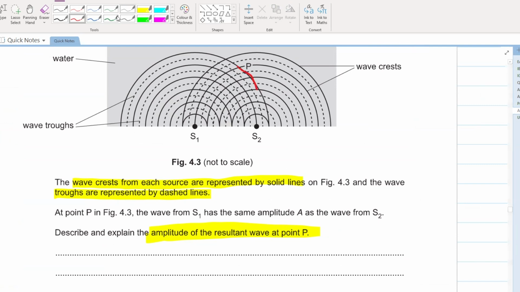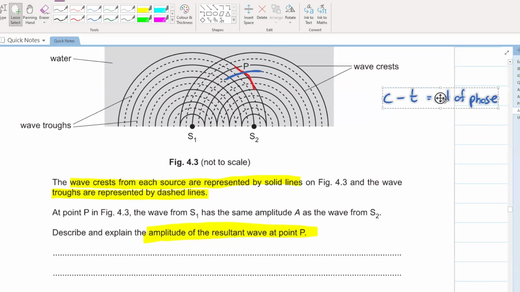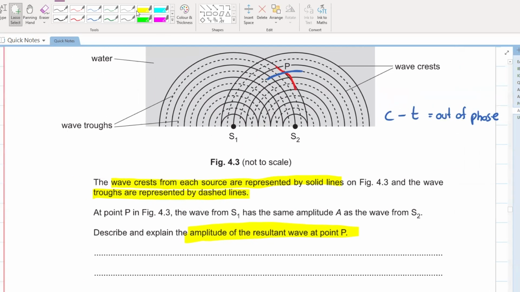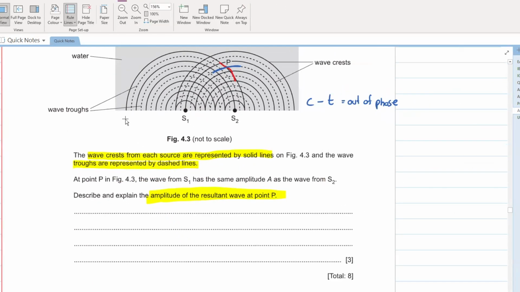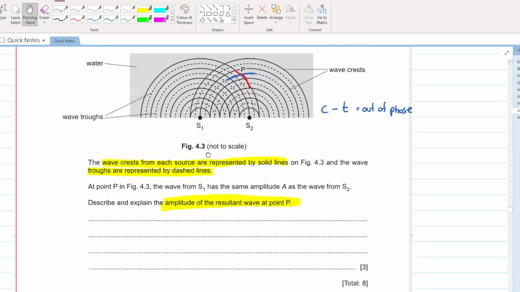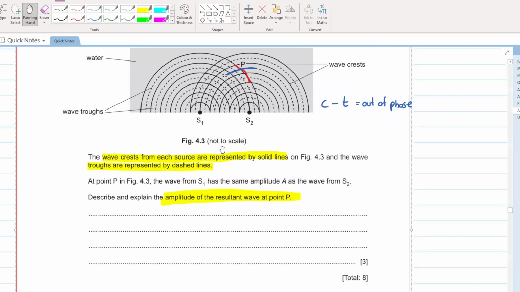S1 का क्रेस्ट is meeting with the trough of S2. बेटा जब एक क्रेस्ट और ट्रफ मीट करते थे, दे आर व्हाट, आउट ऑफ फेज पॉइंट्स. और जब भी आउट ऑफ फेज पॉइंट्स मीट करते थे यू हैव डिस्ट्रक्टिव इंटरफेरेंस. And whenever you have destructive interference, आपका resultant amplitude क्या होता था? कम.